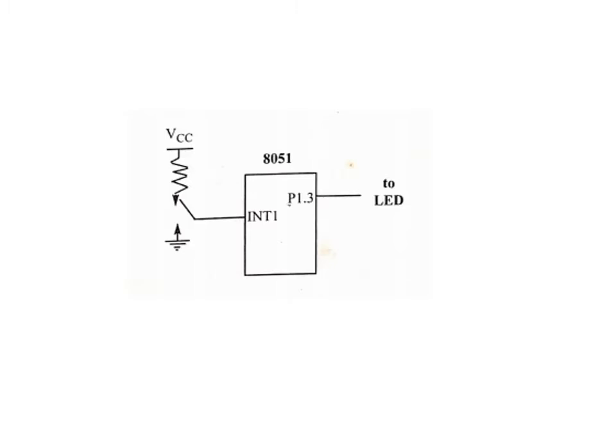Initially INT1 is connected to VCC because it is mentioned in the question that it is connected to logic high state. Okay, and using a switch it will be connected to logic 0. Then when it is connected to logic 0, an interrupt signal is generated, that means the microcontroller gets interrupted, and then a signal is sent through the LED.